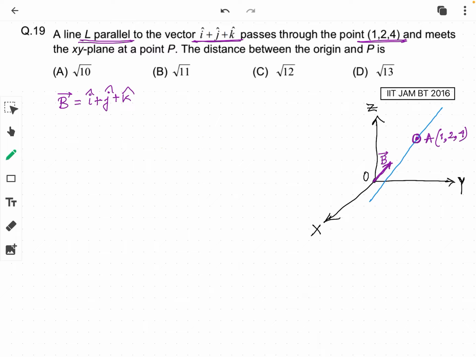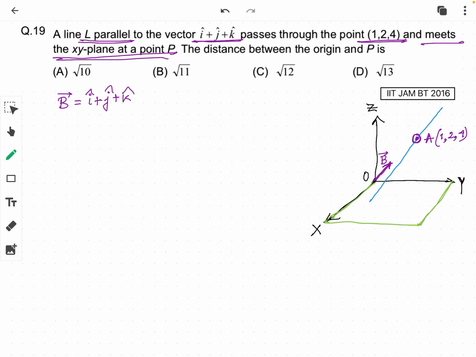Okay, now the question says that the line L meets the xy plane at point P. Suppose this is the xy plane.